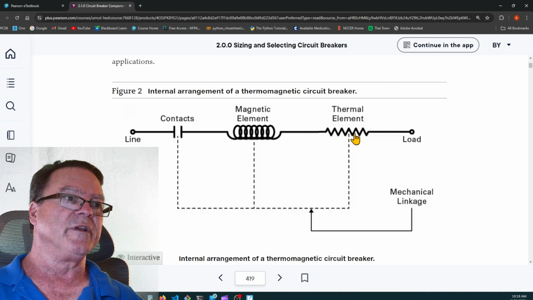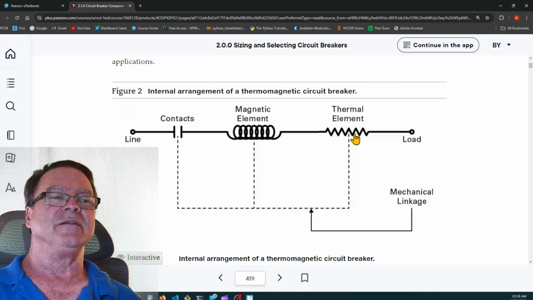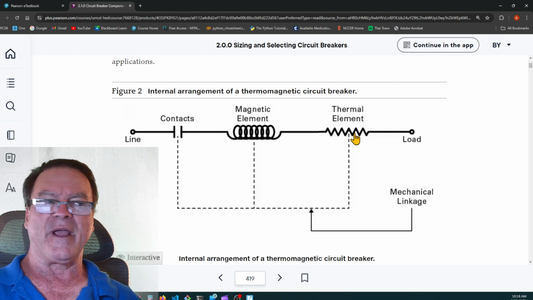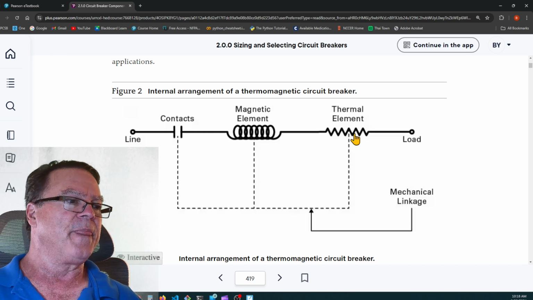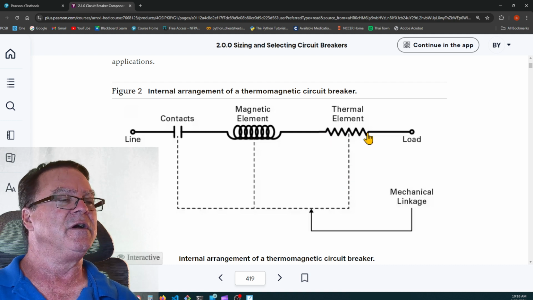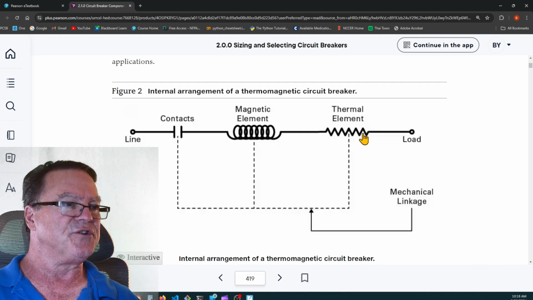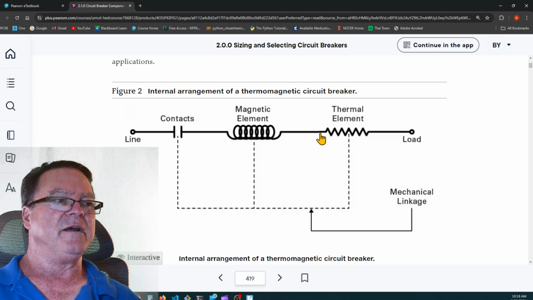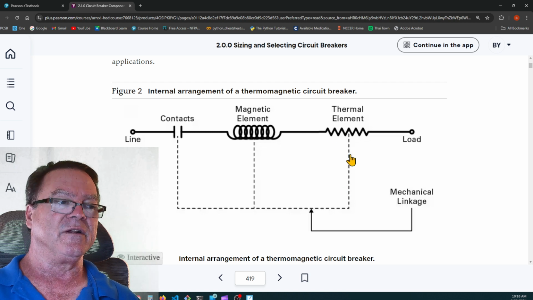So you would only put magnetic, and you try to locate those circuit breaker panels outside of the boiler room. So here's the thermal element, and that is with temperature. If the temperature rises too high, including ambient air temperature and the temperature of the wire because of the current passing through it, it'll trip.